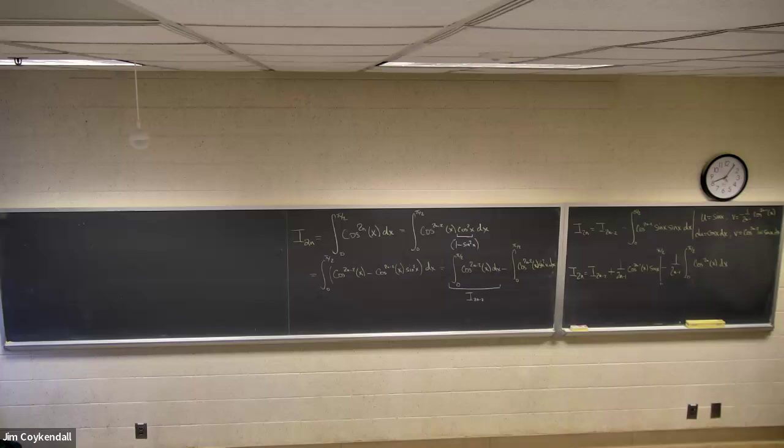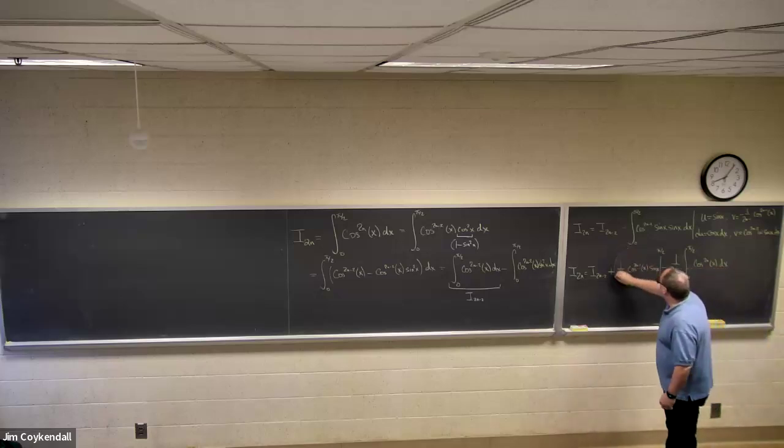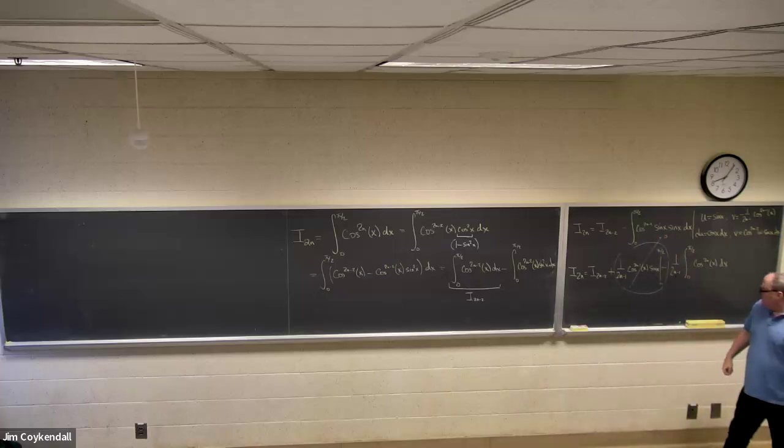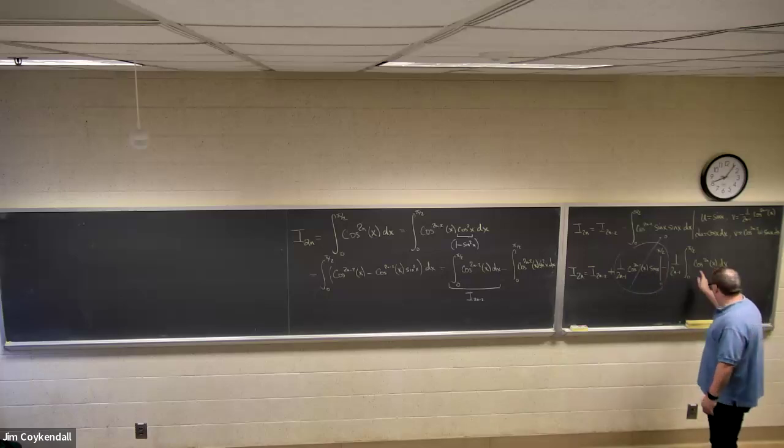Okay. Now, a couple of nice little miracles happen. First of all, this one goes away. That's gone, because when I plug in pi over 2, I get 0 for cosine, and if I plug in 0, I get 0 for sine. So poof, that's gone. And what is this right here?